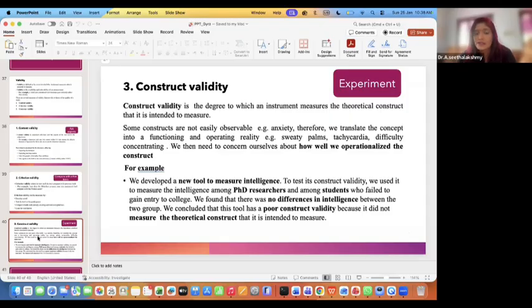Okay, that is what construct validity says. It did not measure what it theoretically says, or maybe a person having intelligence who is able to crack a particular exam.